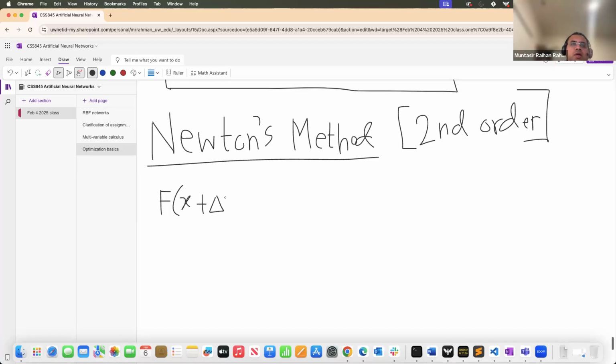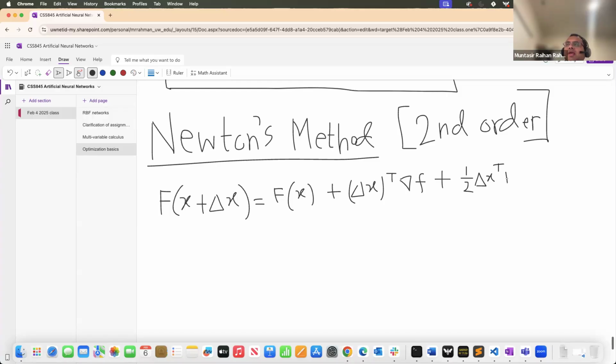We know that we have the Taylor expansion, which is f of x plus delta x, where we have a term delta x transpose the gradient of f, plus we have the second order term delta x transpose, and we have the Hessian.